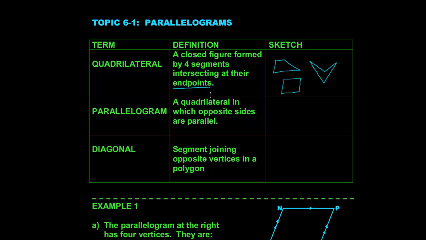Alright, a parallelogram is a quadrilateral in which opposite sides are parallel. Whenever you see this in any of our notes and assignments, you will see something similar. Granted, my artistic abilities are not the best, but we will have this as well as our arrows, which will indicate that these lines are parallel.